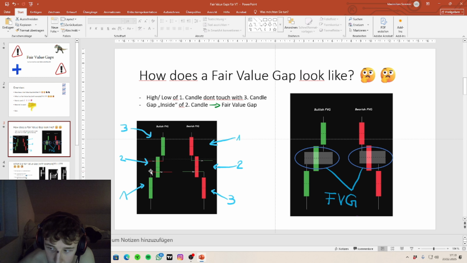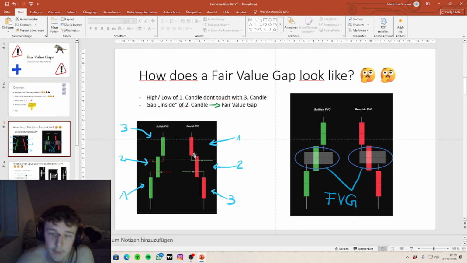These two don't meet inside the second candle. There is a gap inside of the second candle, which is called a FVG gap, liquidity void, an imbalance, whatever you want to call it, it's basically all the same. So this space in between this low and this high is called a FVG gap.